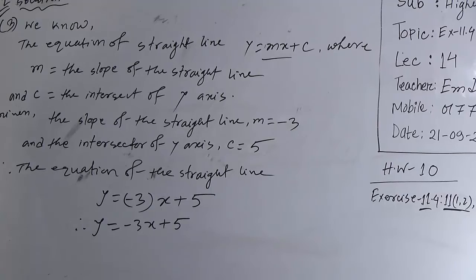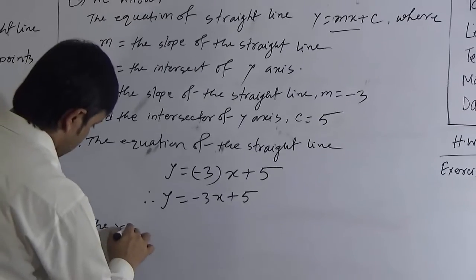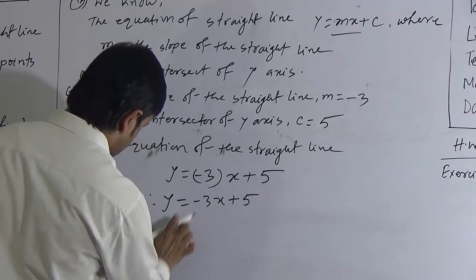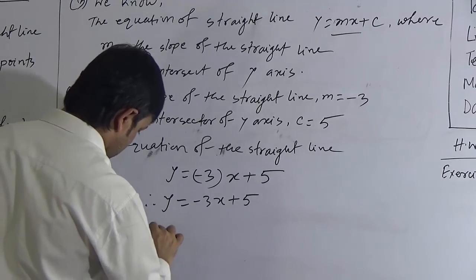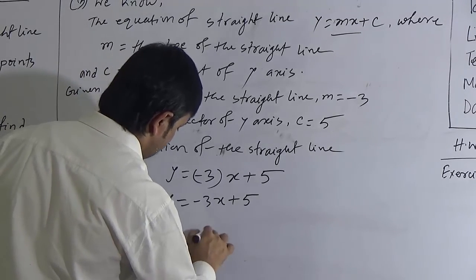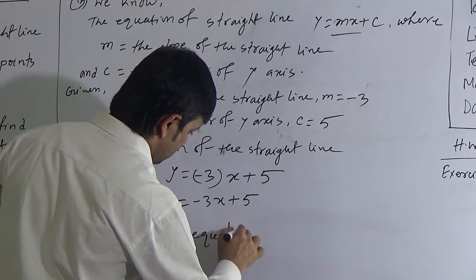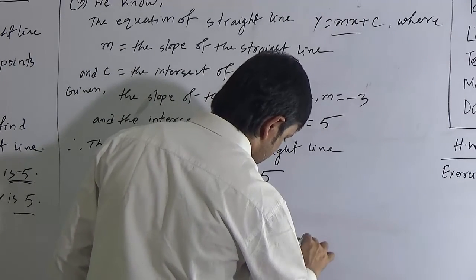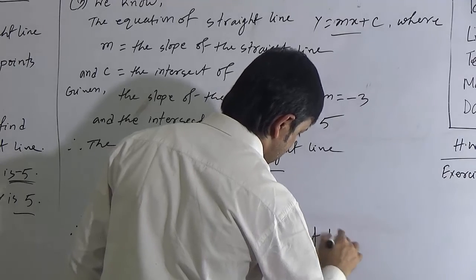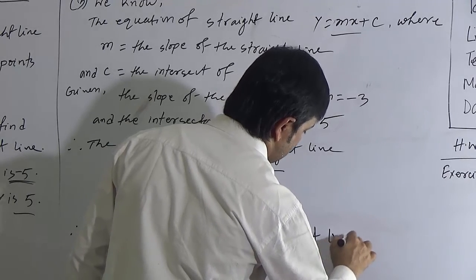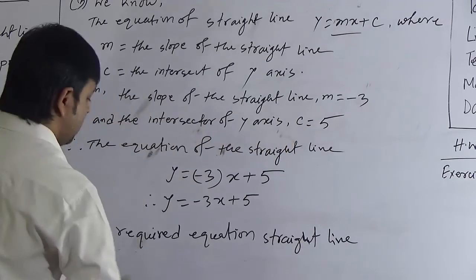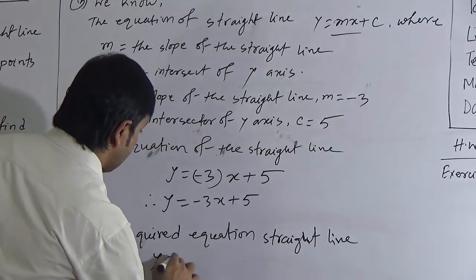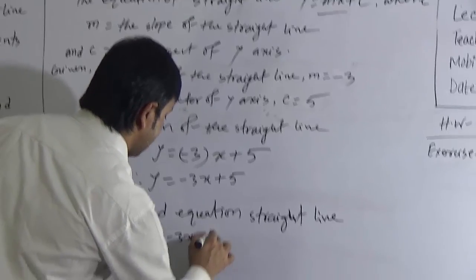So we can write therefore the required equation of straight line is y equal to minus 3x plus 5.